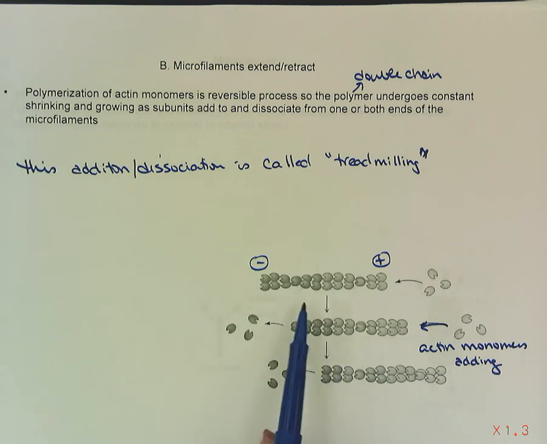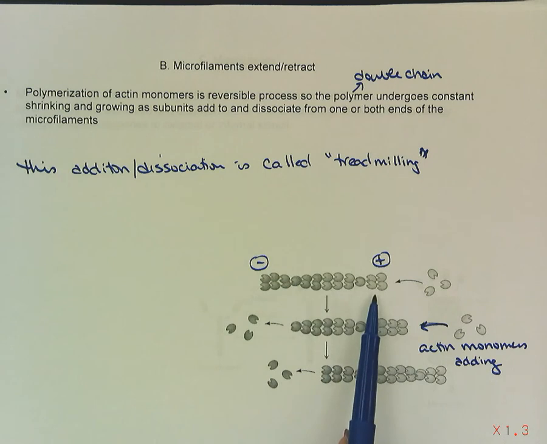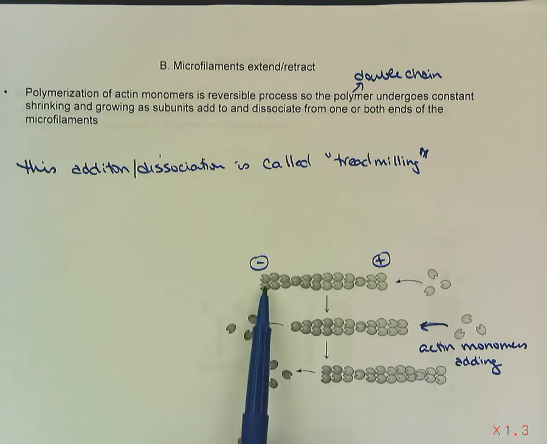Which is trying to show in this figure here, right? So I have a variety of different monomers. I'm adding some to this side, which makes this side longer, but then this side's gotten shorter. So then in this next figure, more has dissociated from that side and more has added on. And so the overall position of the chain has shifted to the right.